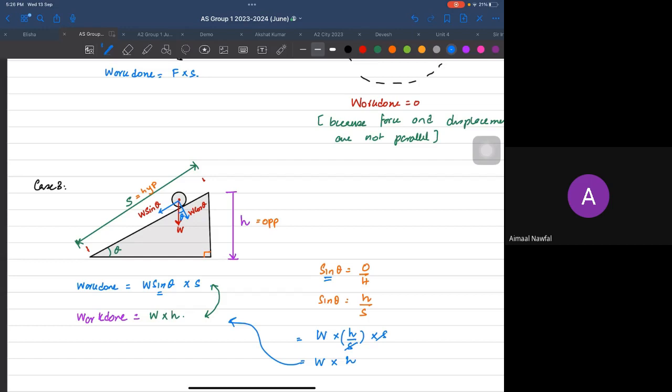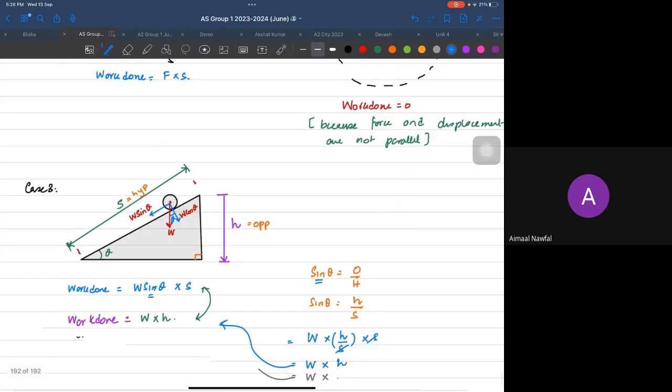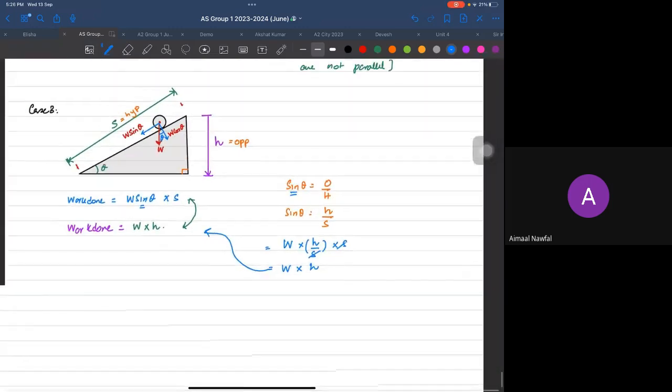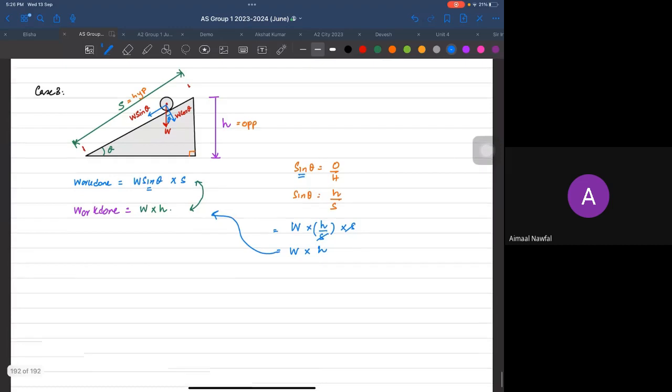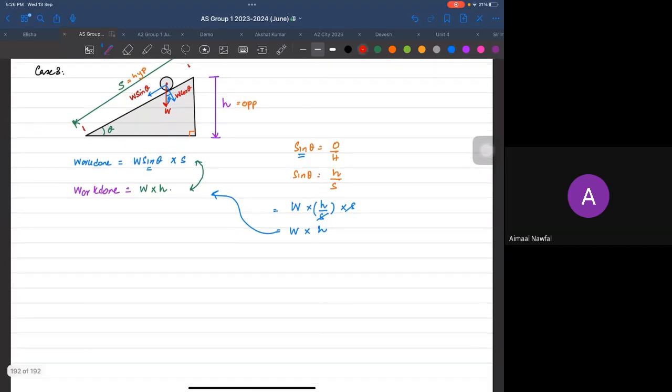Good. Now, to do all this work, obviously you need to have some energy. This is the reason we take energy and work as one. Because when we define energy, we can basically write that it is the capacity to do work.